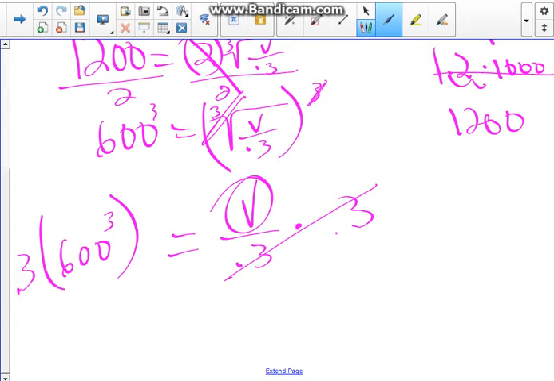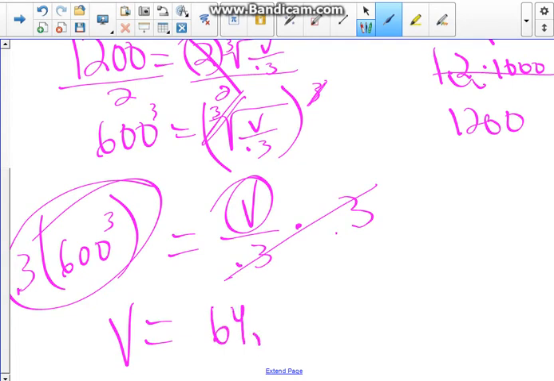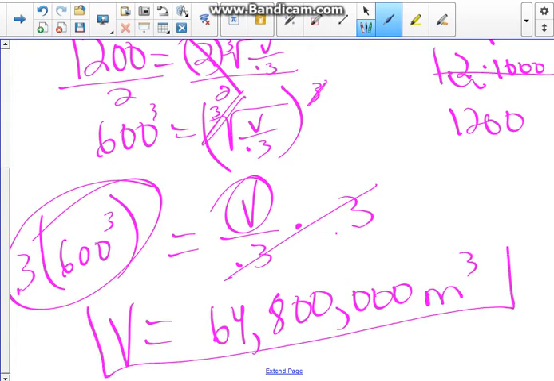So the volume is equal to 0.3 times 600 cubed, which comes out to approximately 64,800,000. Okay, and that would be in terms of meters cubed. And that's our answer. Actually, that's exact, it's not approximate.